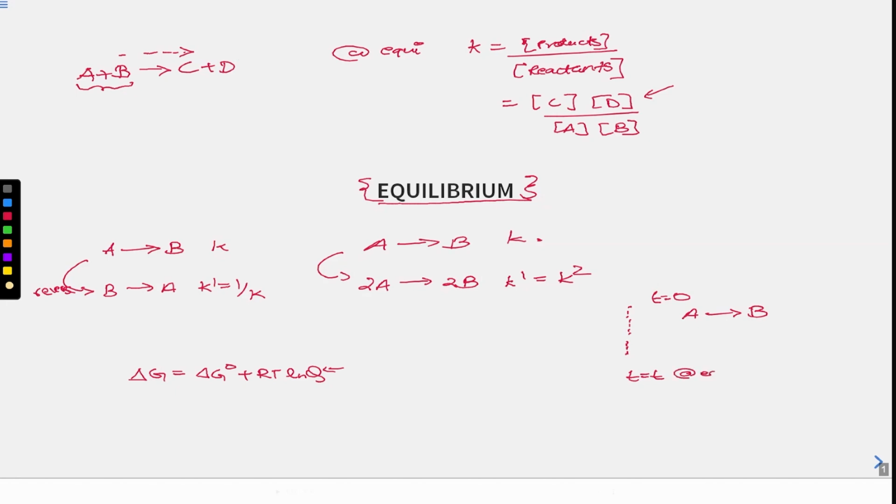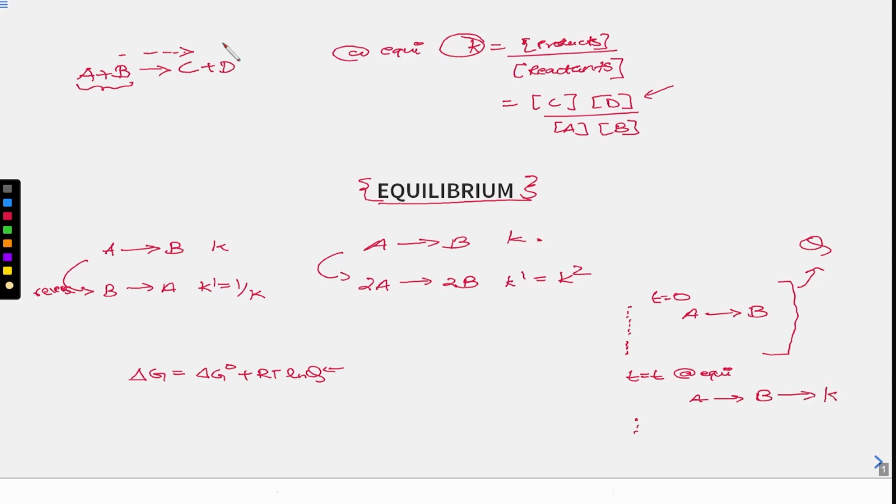So for the part when we are not at equilibrium, the same constant that we calculate is referred to as Q. And at equilibrium, it becomes your K.